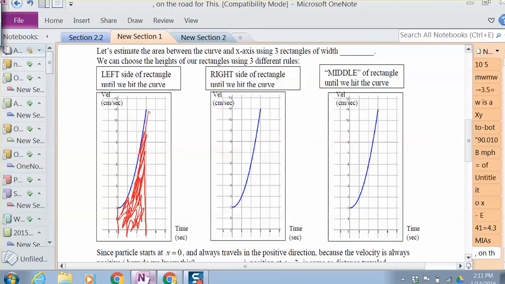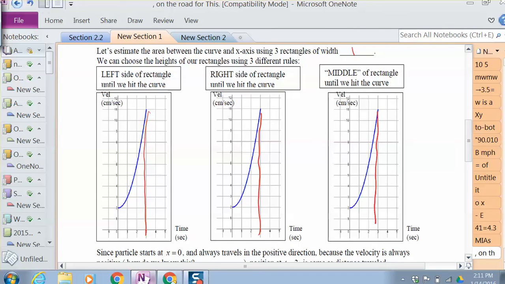Now here's the situation: I don't know how to find that area geometrically exactly because it's so weird. I mean, sure, I can make a rectangle here, but then the rest is all curved, so it's a little bit strange. So we're going to draw these rectangles between the curve and the x-axis. And we're going to make each rectangle have a width of 1 unit.